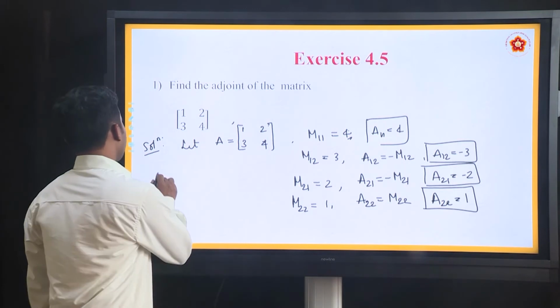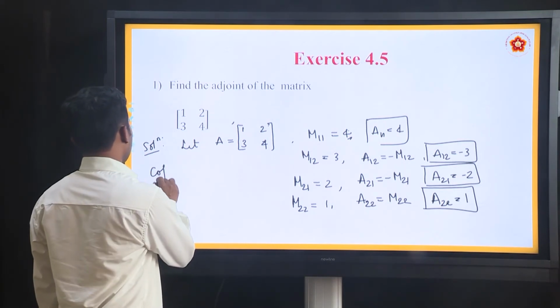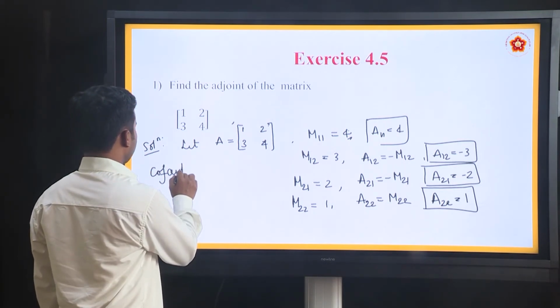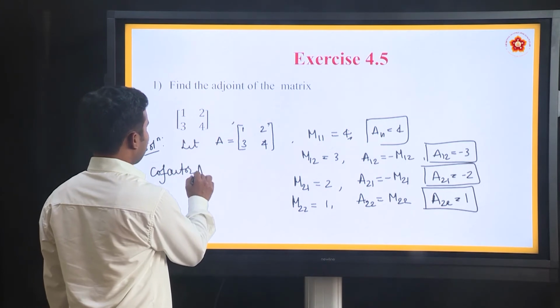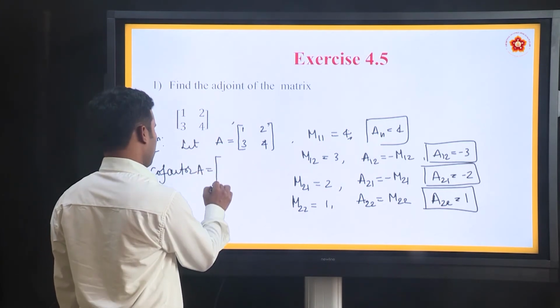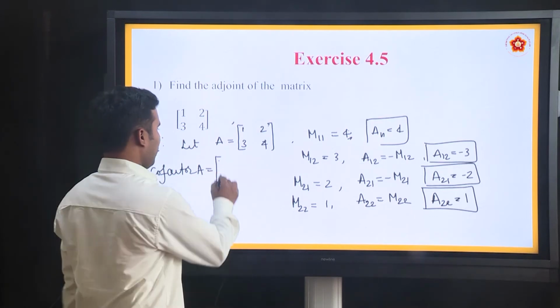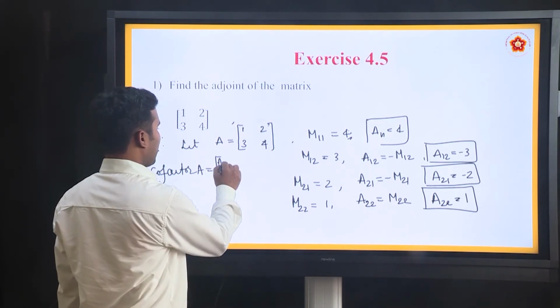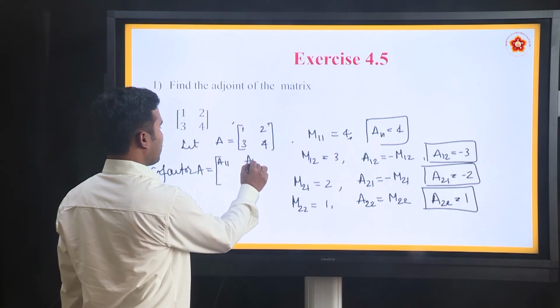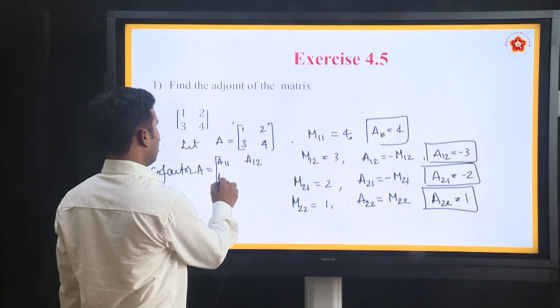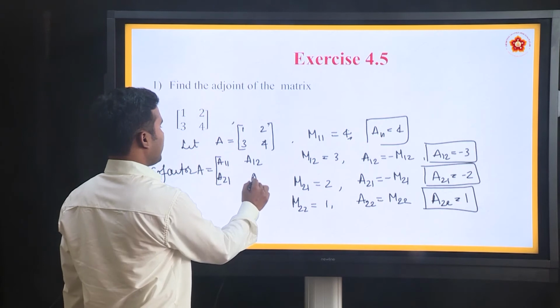Okay. Now I can write the cofactor of matrix A is equal to, you write down capital A11, A12, A21, A22.